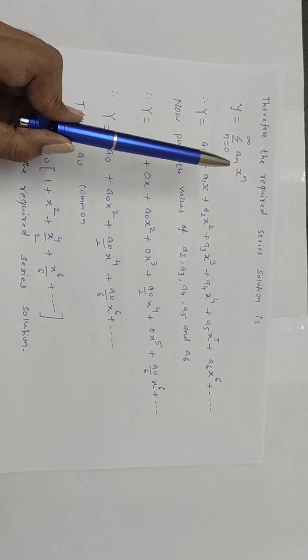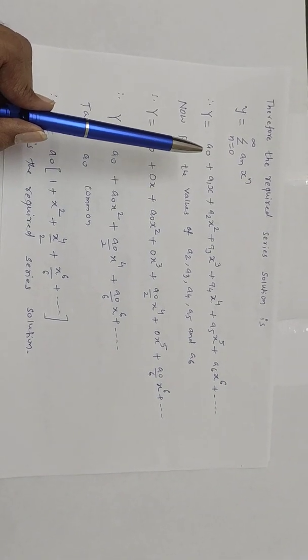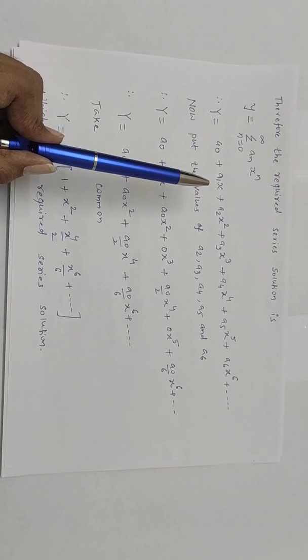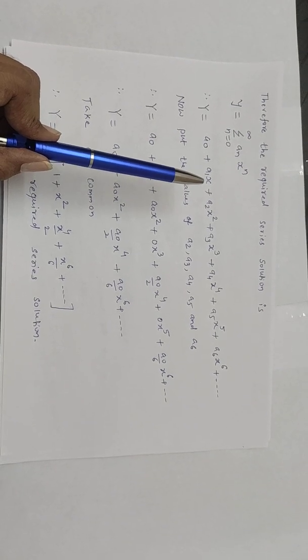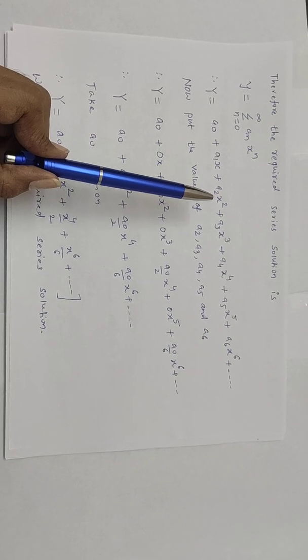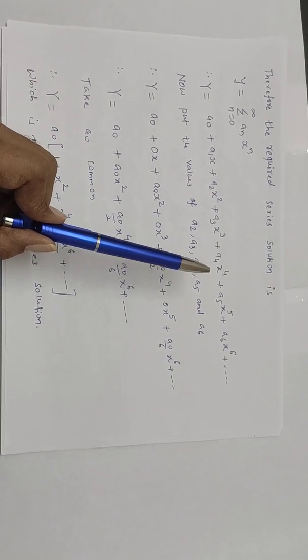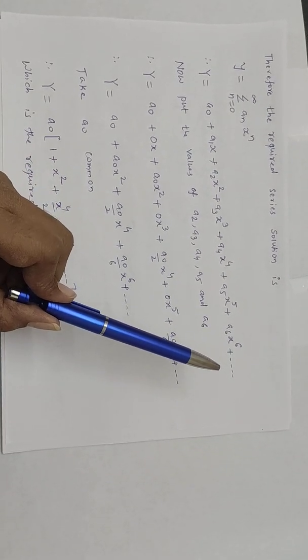So it becomes a0 x raised to 0, and x raised to 0 is 1, so the first term is a0. Similarly put n equals 1, so it becomes a1 x raised to 1. Then put n equals 2, so it becomes a2 x square, and finally a3 x cube, a4 x raised to 4, a5 x raised to 5, a6 x raised to 6 and so on.